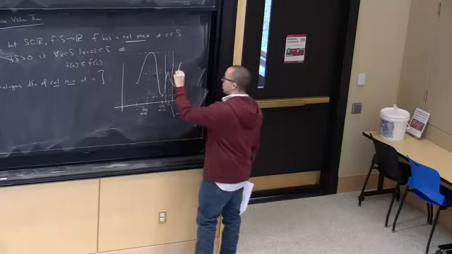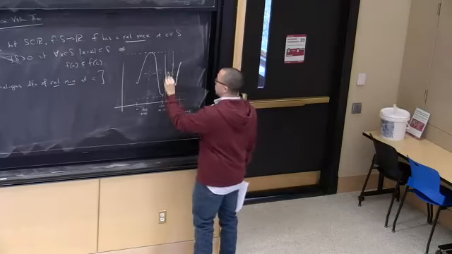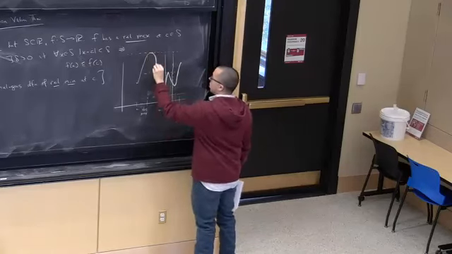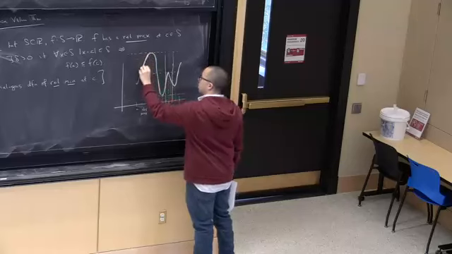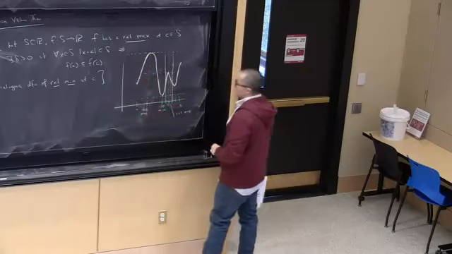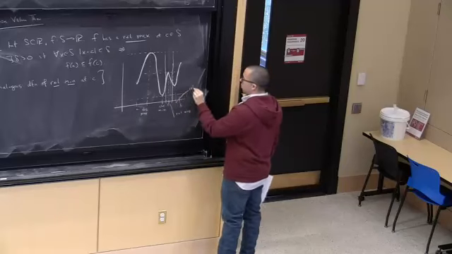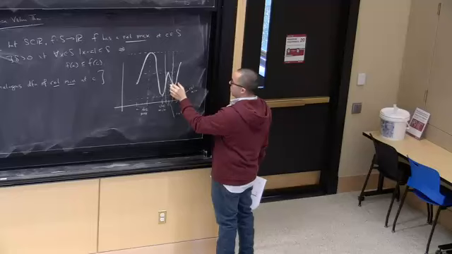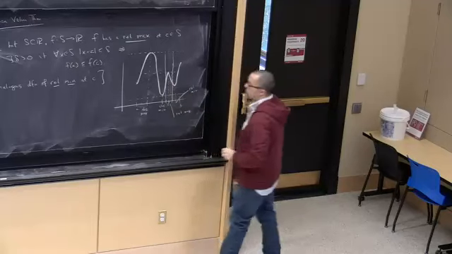And then similarly at this point here, you can really see what the graph is. Should have brought different colors. At this point, we have a relative min, right? Because nearby points sit above the value of the function evaluated at this point.